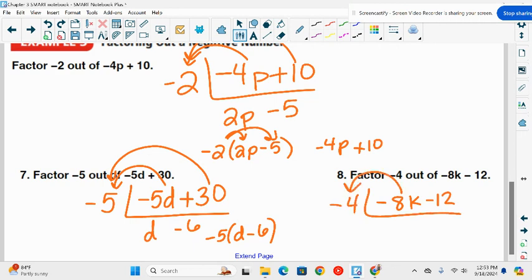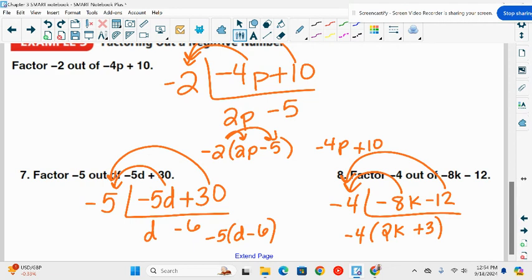So negative 8 divided by negative 4 should give me 2k. And negative 12 divided by negative 4 should give me, and as the distributive property, it should look like that. Questions, comments, or concerns about any of that?